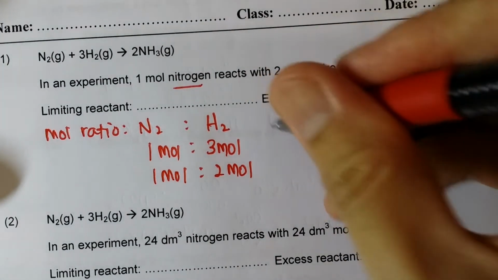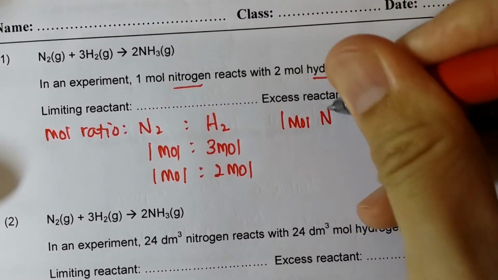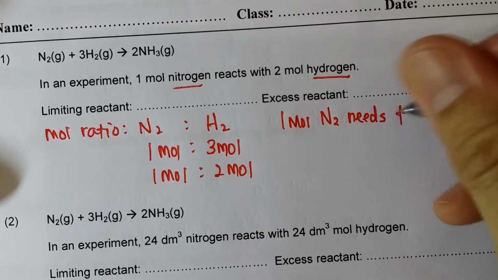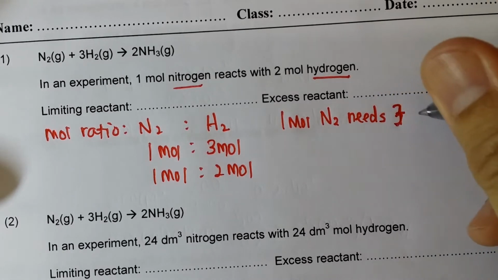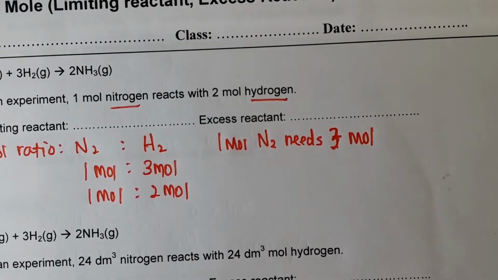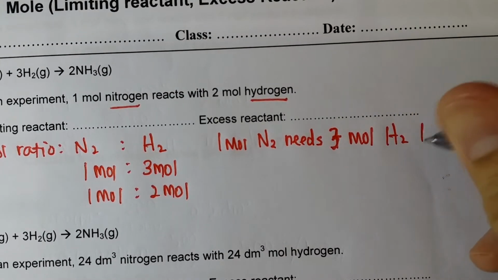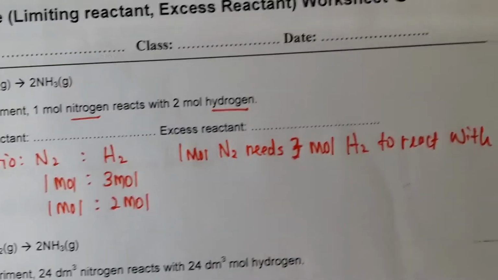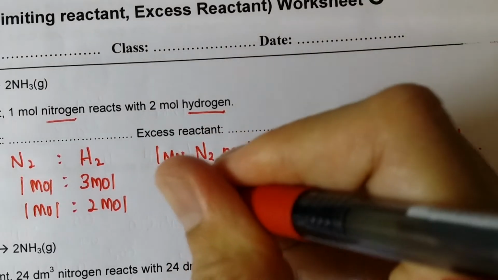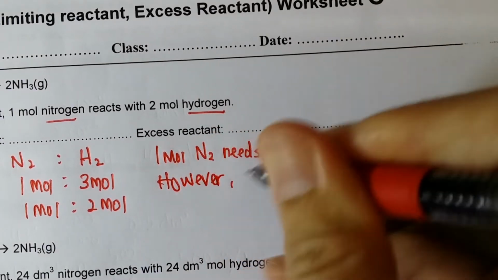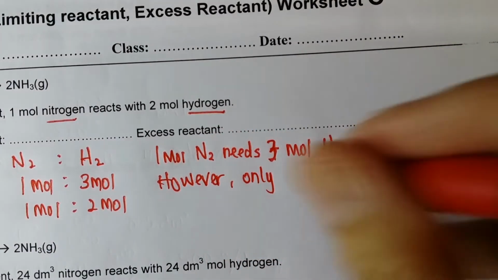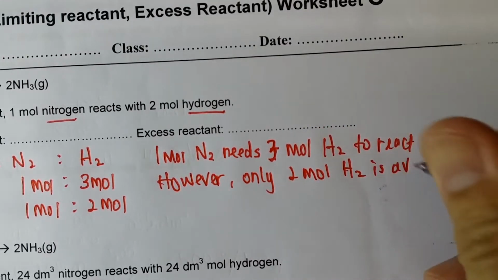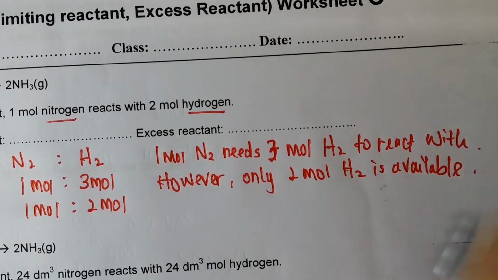It means that 1 mole of N2 needs 3 mole of H2 to react with. However, only 2 mole of hydrogen is available.